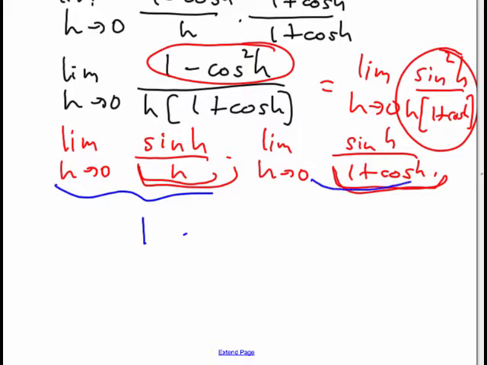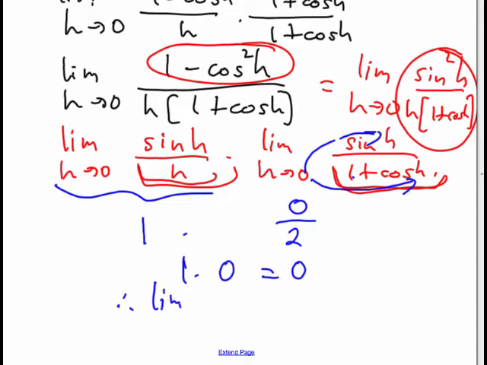As h goes to 0, cosine of 0 is 1. 1 plus 1 is 2. So we have sine of 0 over 2, which is 0. So we have 1 times 0 is 0. And therefore we've proven that the limit as h approaches 0 of 1 minus cosine h over h is 0.